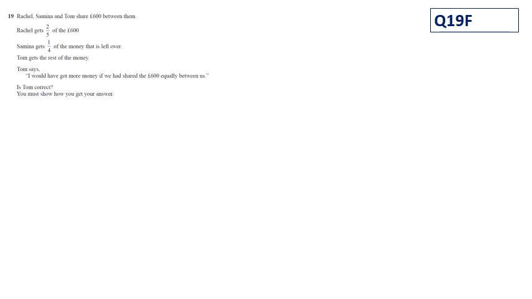Okay, so to start this question, we know that we've been given this information, and what we can do is share the money between Rachel, Samina, and Tom as it's initially described in the question. So we know that Rachel gets 2/5 of £600, so I'll work that out.